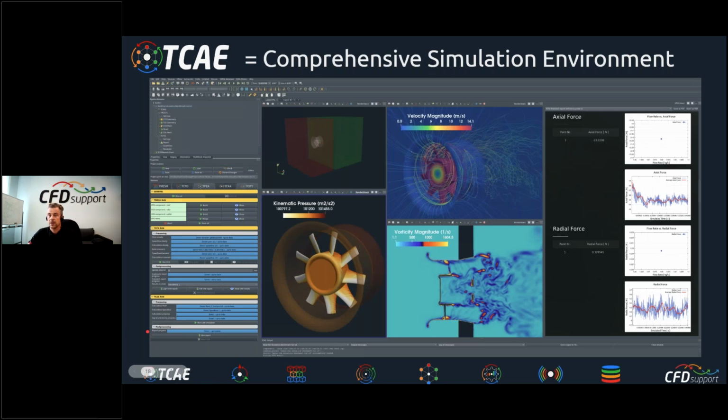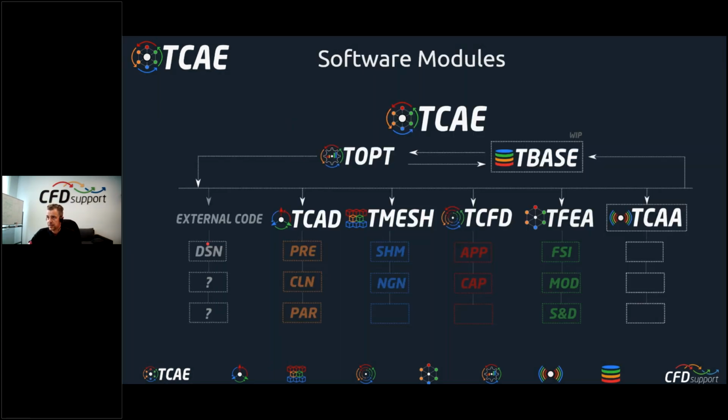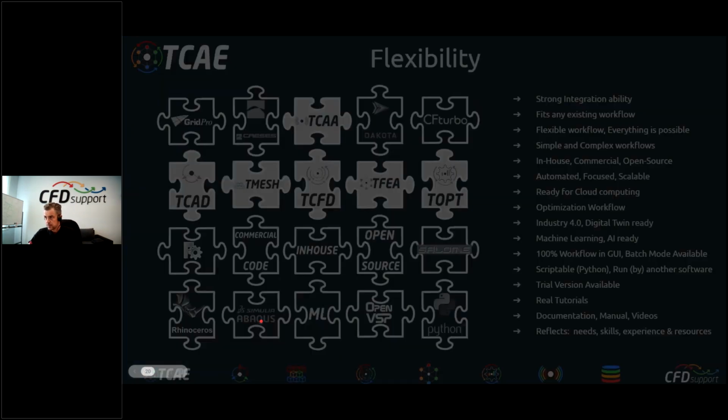Our main flagship product is called TCAE, which is a comprehensive simulation environment where users can run their simulations and also maintain their knowledge, which is more and more about the knowledge. TCAE software consists of software modules, so for sure not everything is needed for everyone. There are specific modules dedicated to specific parts of the workflow and the results.